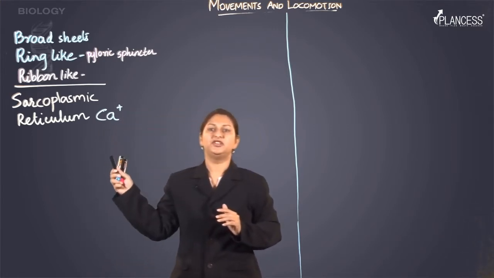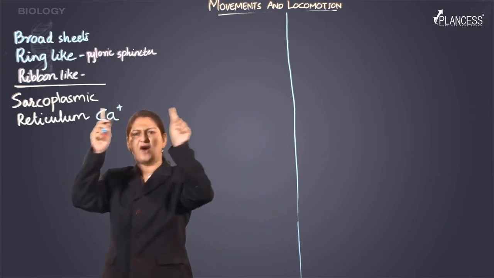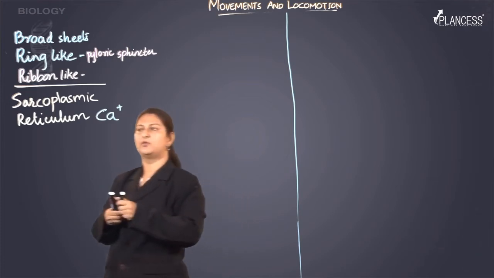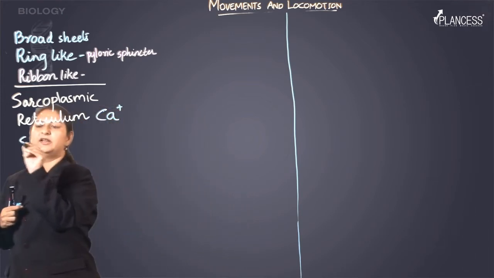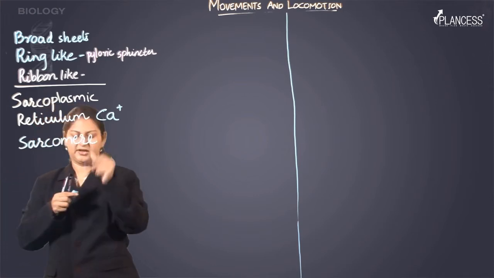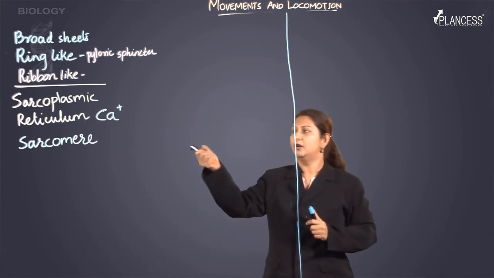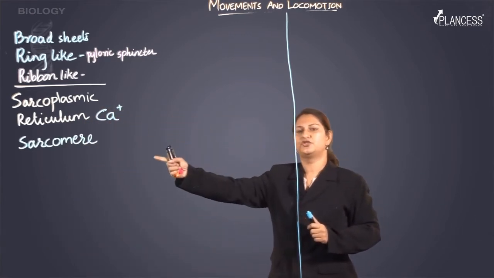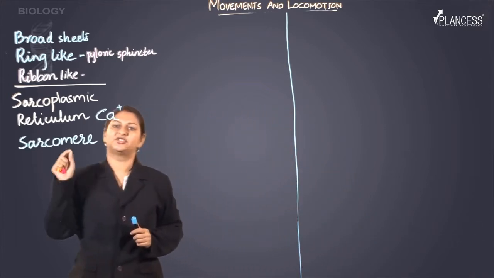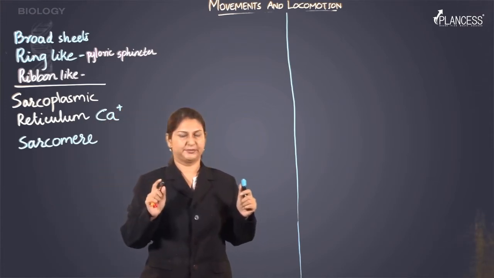Right now, we need to understand a typical structure of one unit of the muscular system. And what is that one unit of the muscular system called? It is the sarcomere. So when you are asked what is the structural and functional unit of a muscular system, you need to answer that it is the sarcomere.